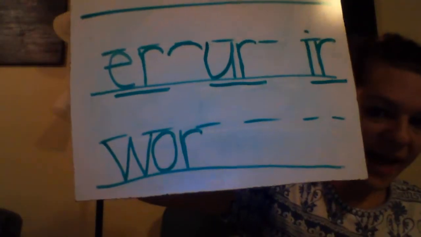Next we're going to move on to our 3-letter ers. All right, so the first one is the er of worms. What are you going to write? Great, the er of worms. Write it and say it while you write it. All right, so I'm going to show you my phonogram before I underline it.